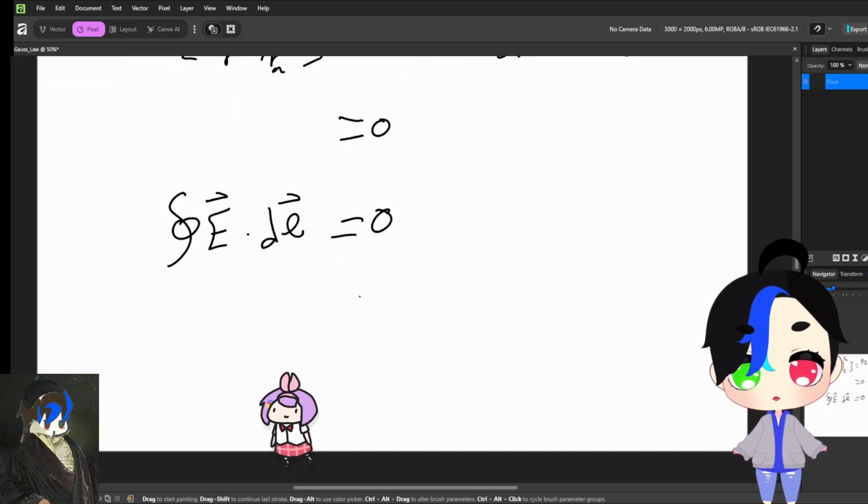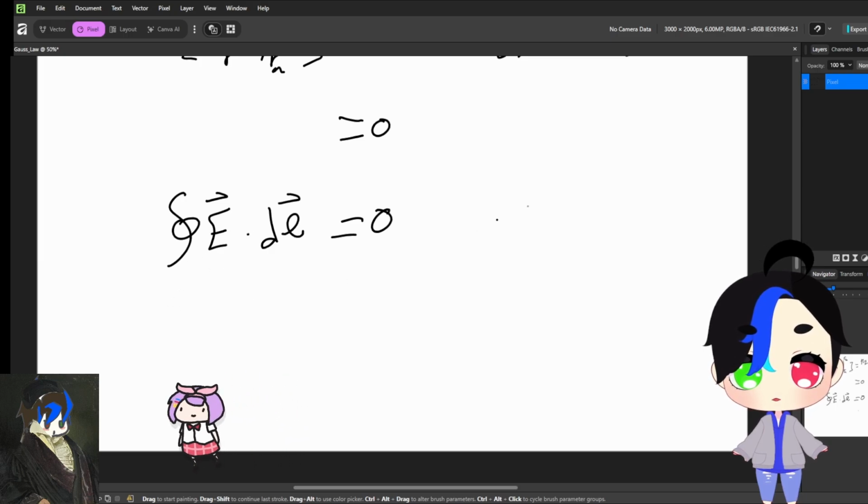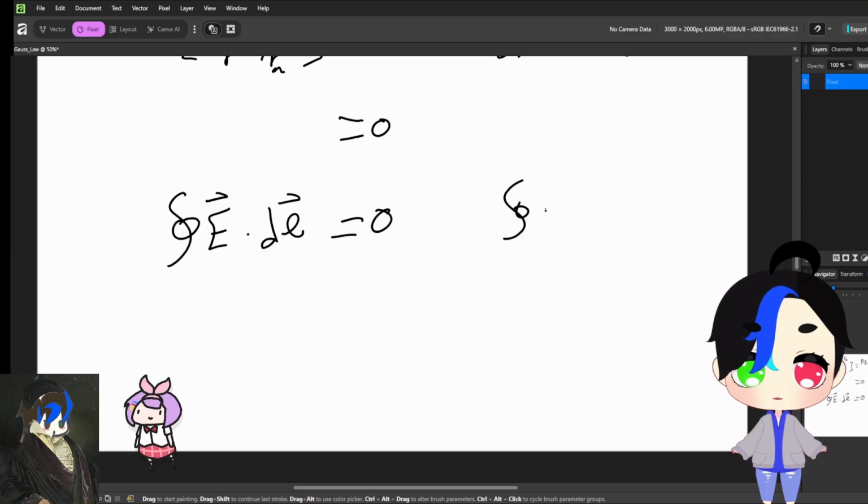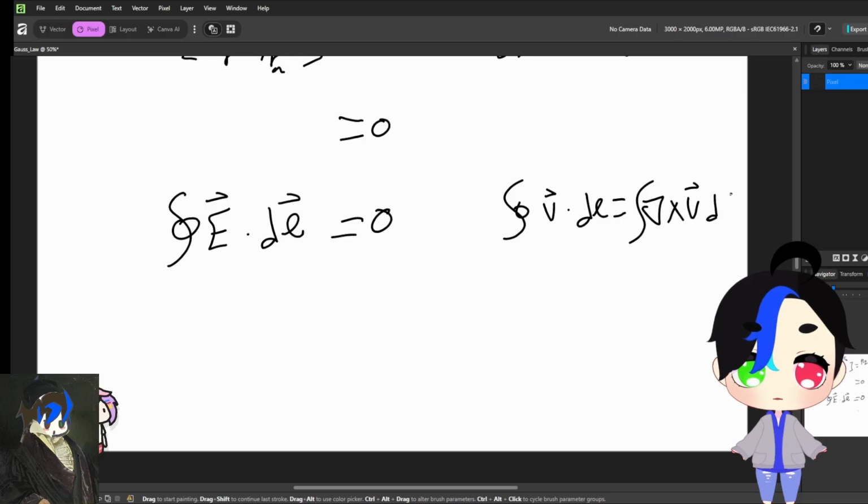And so I can apply Stokes' theorem, which tells me that the closed path integral equals, so this is Stokes' theorem.